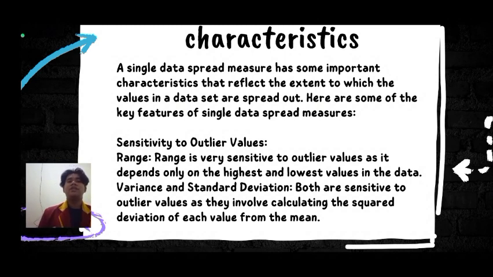Range is very sensitive to outlier values as it depends only on the highest and lowest values in the data. Variance and standard deviation: both are sensitive to outlier values as they involve calculating the squared deviation of each value from the mean.